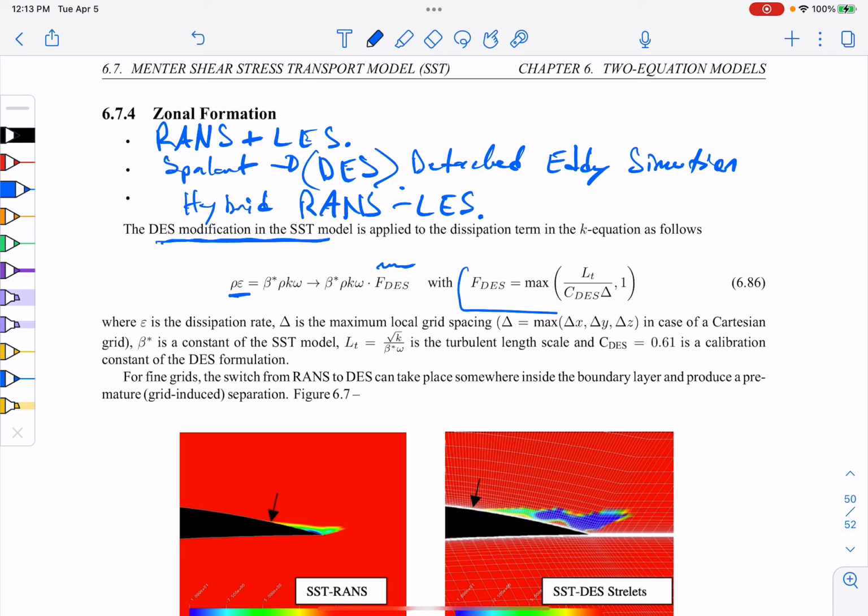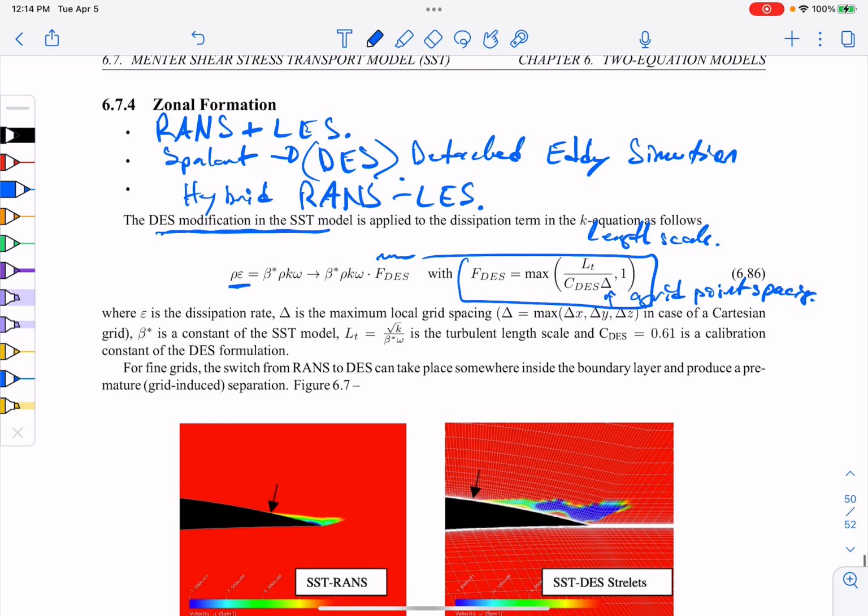And here's the function here, which is a max of a length scale. So what is LT? That's like a turbulent length scale. Delta is the grid point spacing. And I believe that CDES is a coefficient.